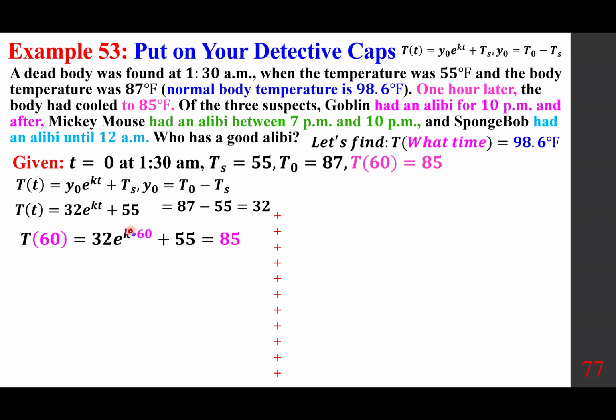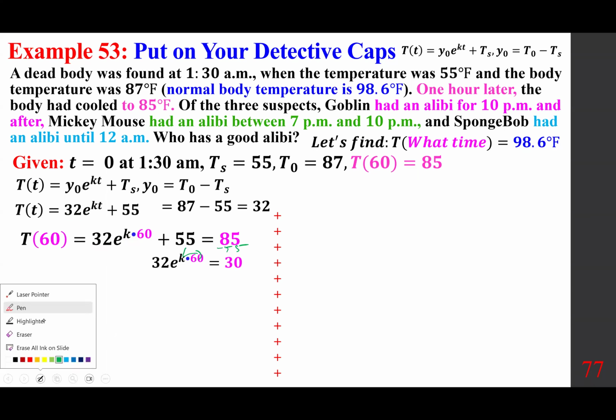So T of 60 is 32 e to the power of k times 60 plus 55 equals 85. We're going to subtract 55 from both sides. We get 30. Let me just erase the board and do it this way.